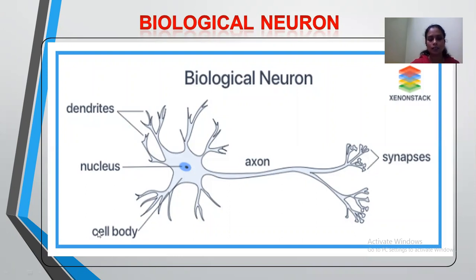The cell body is used to process the information it gets from the dendrites, and the axon sends the processed information back again to the neurons. The synapse is nothing but the connection between the axon and the dendrites in the neurons.